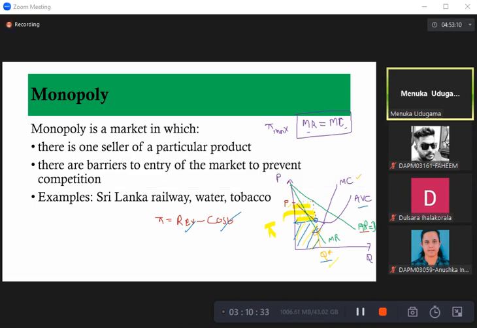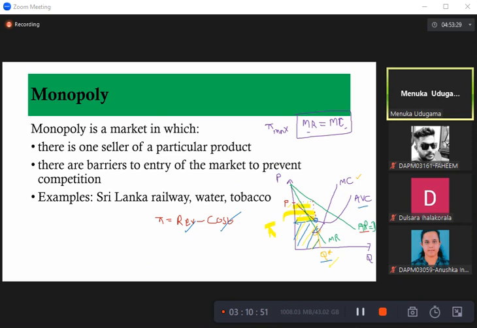So they have different prices for the same product, right? Off peak and peak, same product, but you charge different prices. So you can discriminate price wherever you want in an imperfectly competitive market.